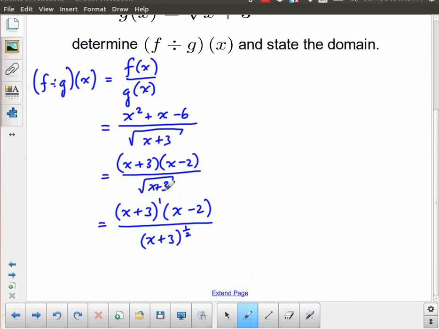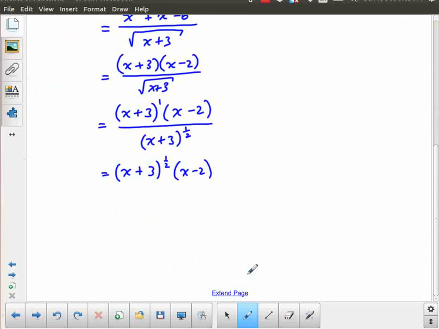Now I'm going to combine this x plus 3 to the 1 and this x plus 3 to the half using our laws of exponents. These are the same bases, so I can subtract the exponents, and I end up with x plus 3 to the 1/2 times x minus 2. You might choose to rewrite that as the square root of x plus 3 times x minus 2.